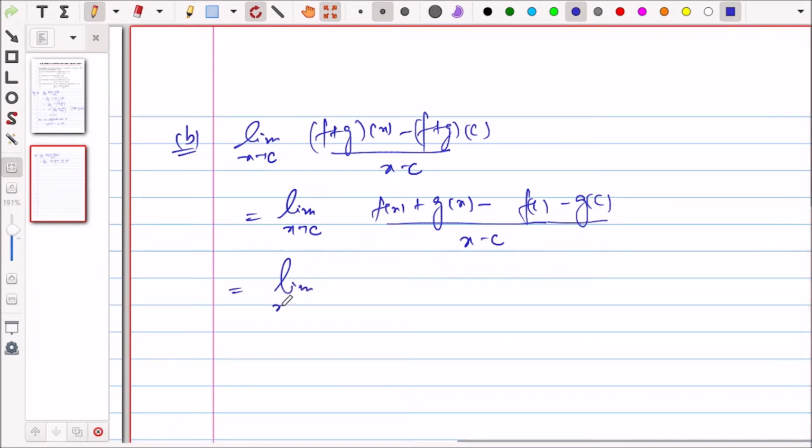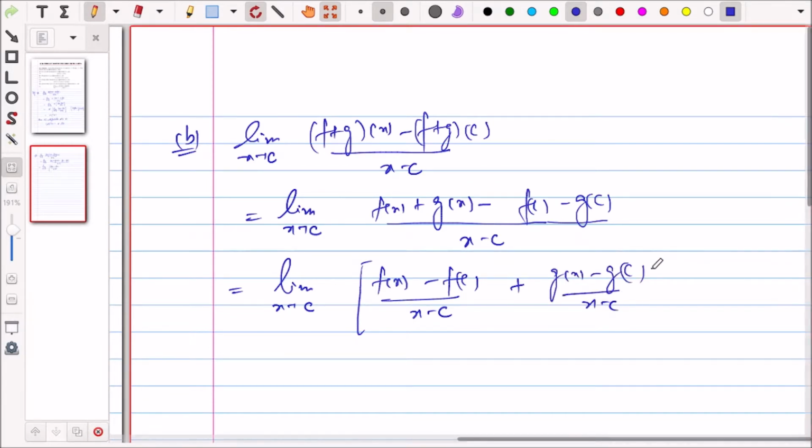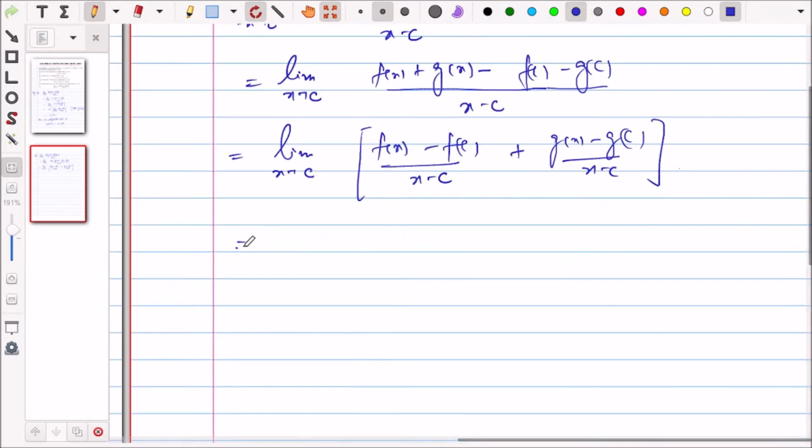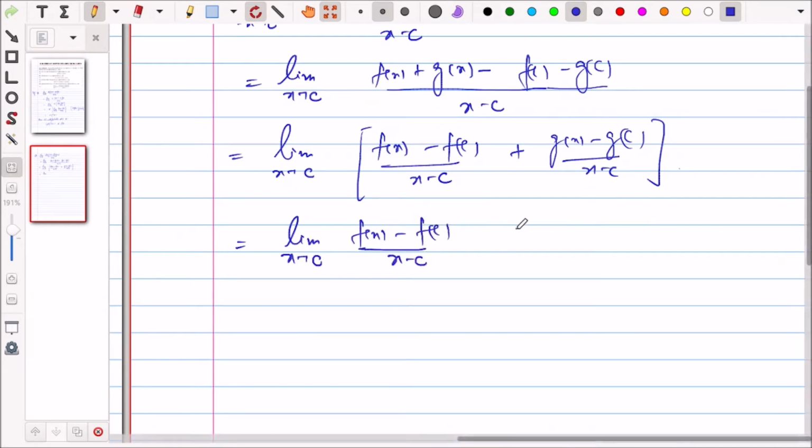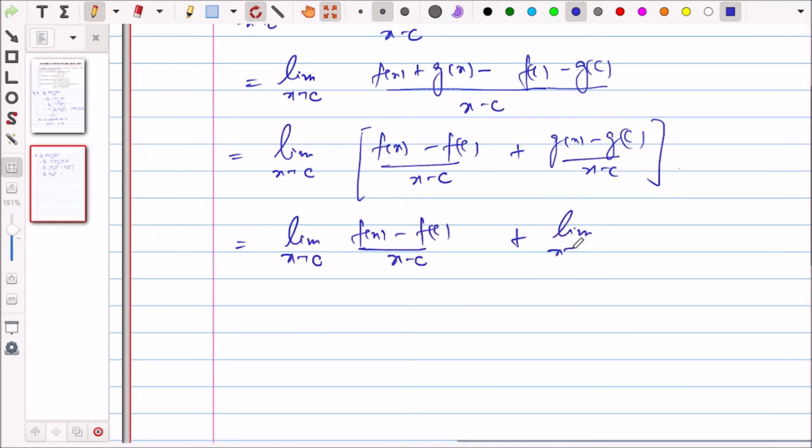And now this can be written as (f(x) − f(c)) upon (x − c) plus (g(x) − g(c)) upon (x − c). Now when you use algebra of limits, you will have the limit as x tends to c of (f(x) − f(c)) upon (x − c) plus the limit as x tends to c of (g(x) − g(c)) upon (x − c).